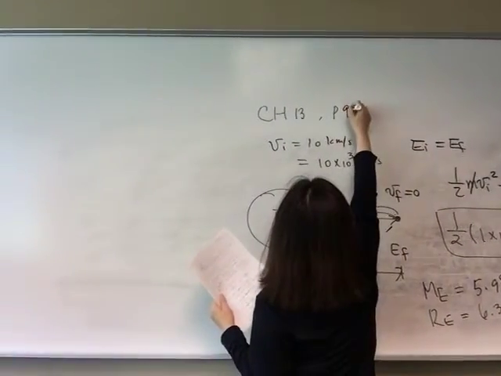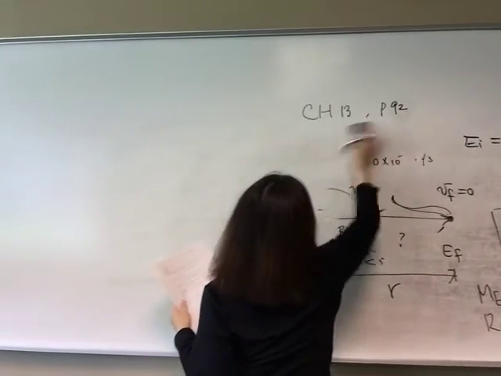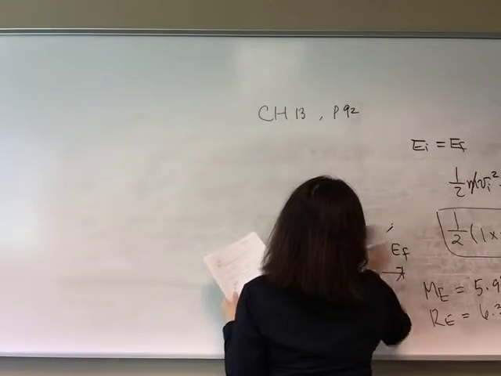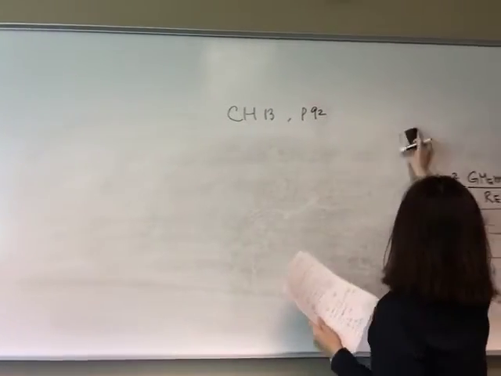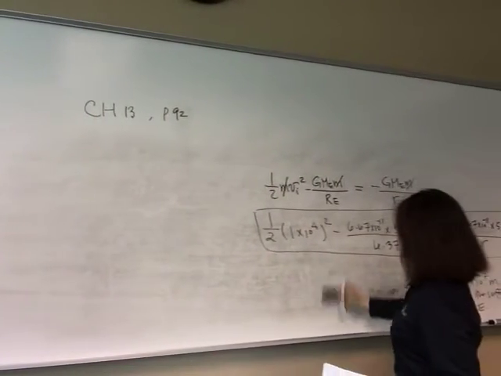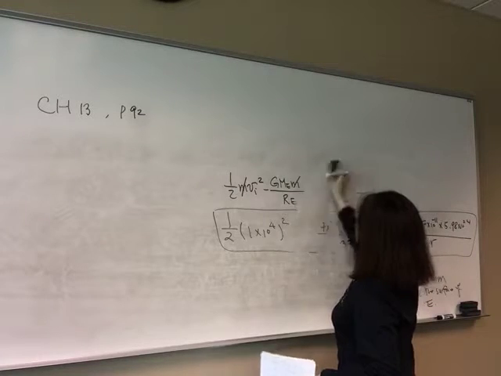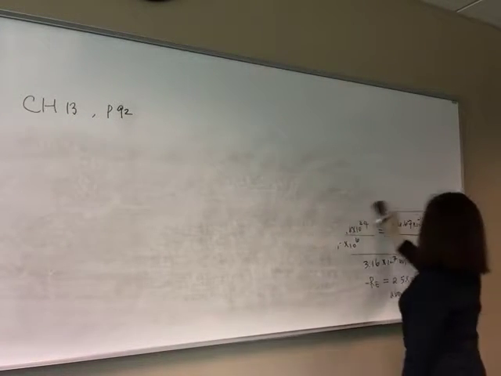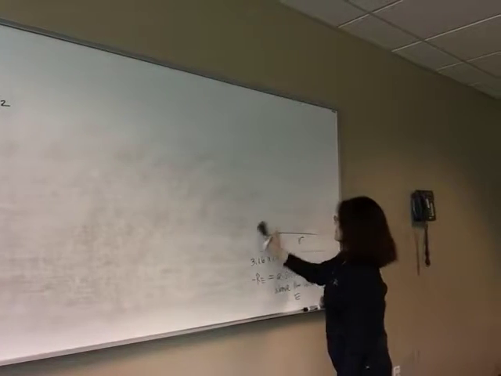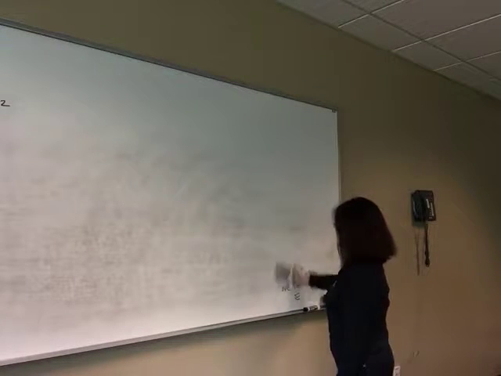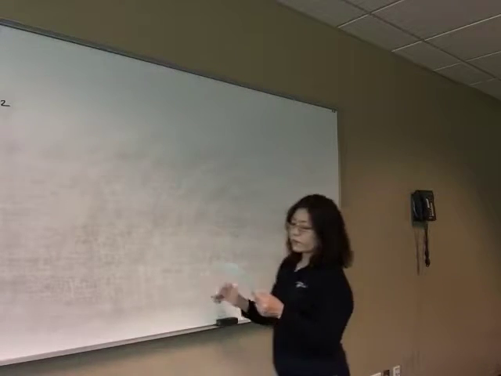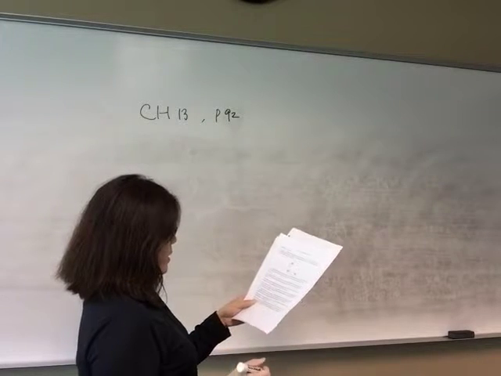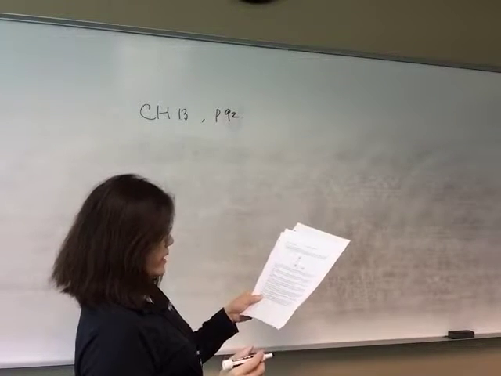The last one we're going to do is 92. A 150 kilogram rocket moving radially outward from Earth has a speed of 3.7 kilometers per second.